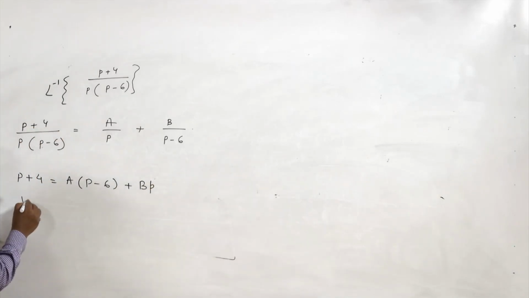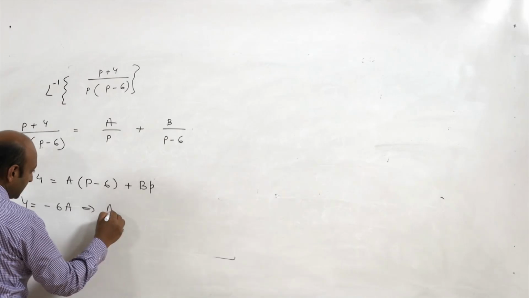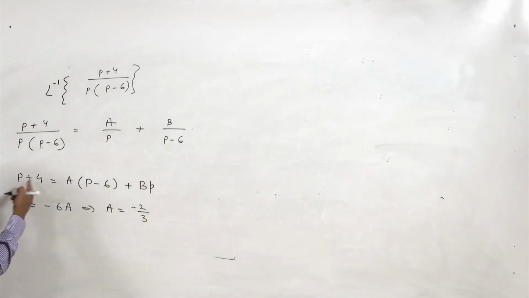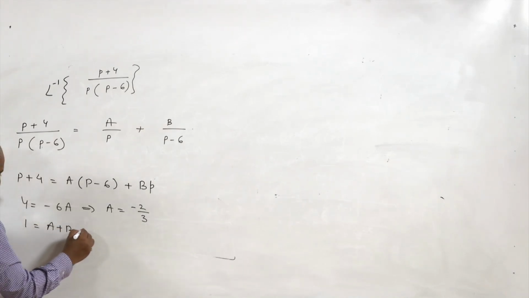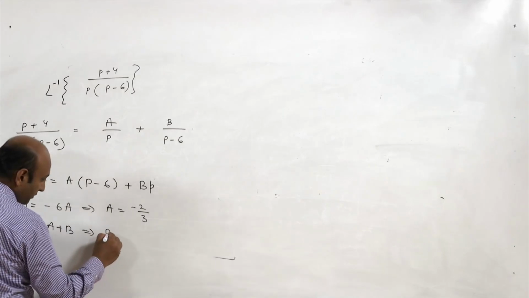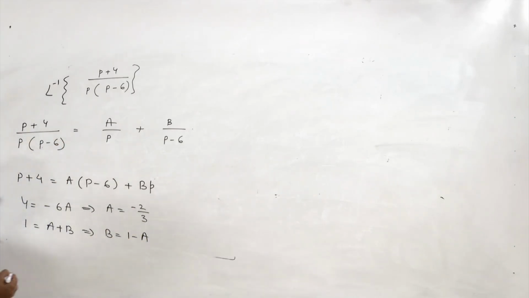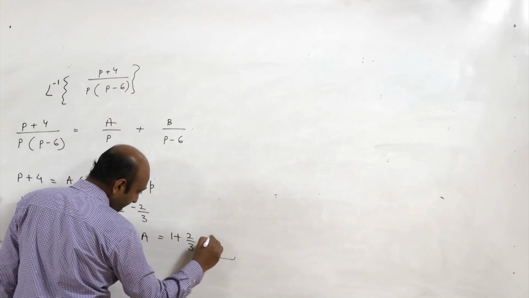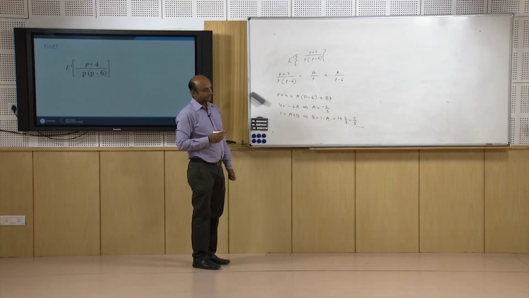So 4 is nothing but minus 6A, which implies A is minus 2 by 3, and the coefficient of p from both sides is, here it is 1 and here it is A plus B, so this implies B is nothing but 1 minus A, and A is minus 2 by 3, so it is 1 plus 2 by 3, that is 5 by 3.